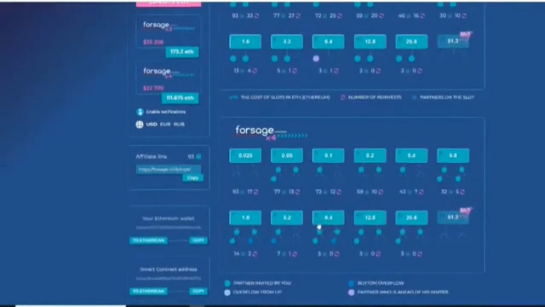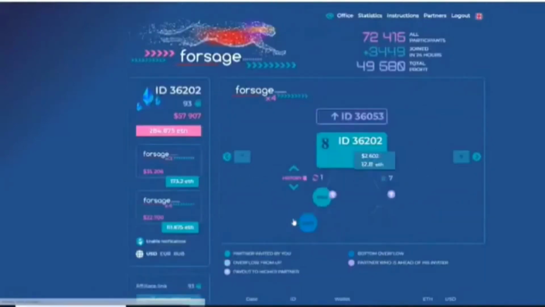Okay, so you can see right here, this account also has some spillover here. So this is spillover because it is not tied directly to 36202. Okay, this guy is 6553.